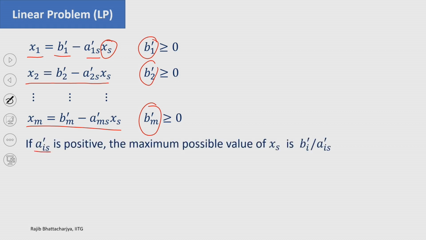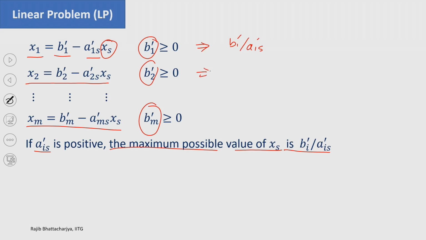Now, if a I s dash is positive, the maximum possible value of x s is b I dash by a I s dash. So, what is the maximum possible value of x s? From the first equation, it is b 1 dash divided by a 1 s dash.